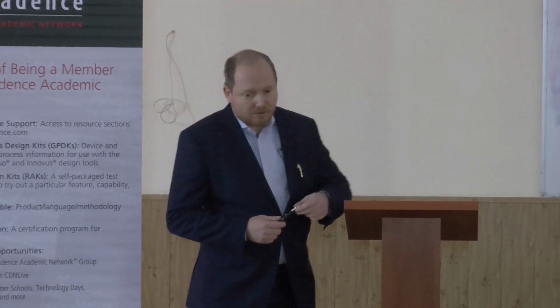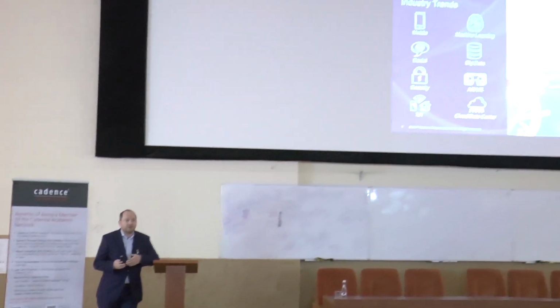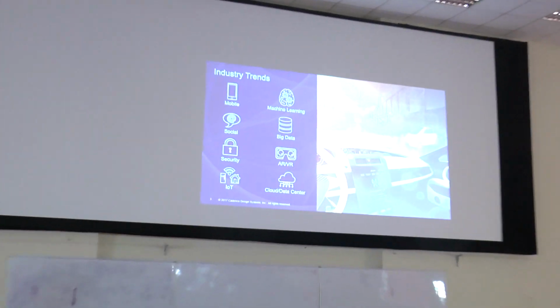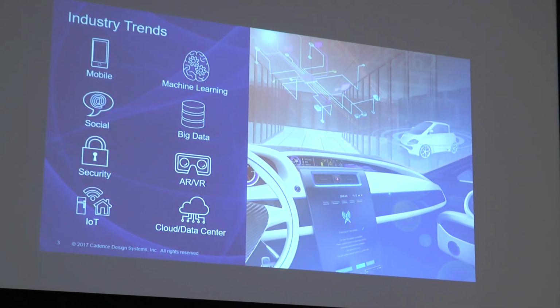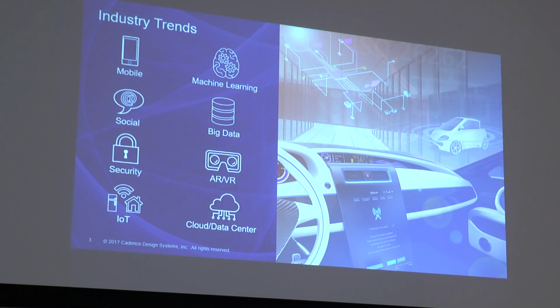Okay, so first let's talk about the industry trends. Where do all the microelectronic circuits go into? This is, of course, mobile. There are billions of mobile devices which are sold every year, and all of them consist of very complex microelectronic circuits. Then social, so all the social networks.